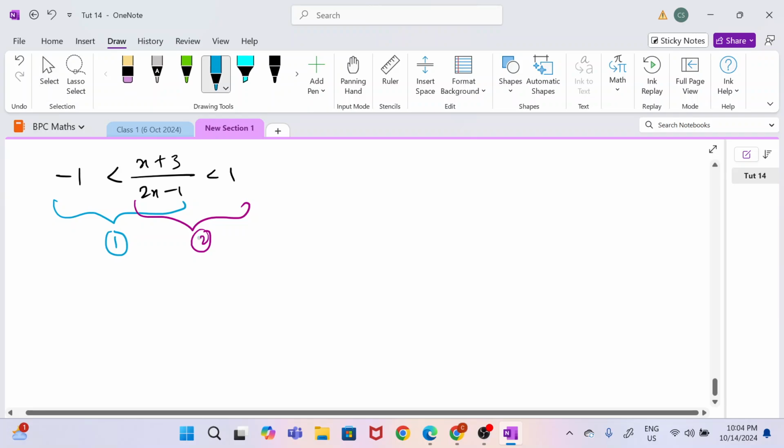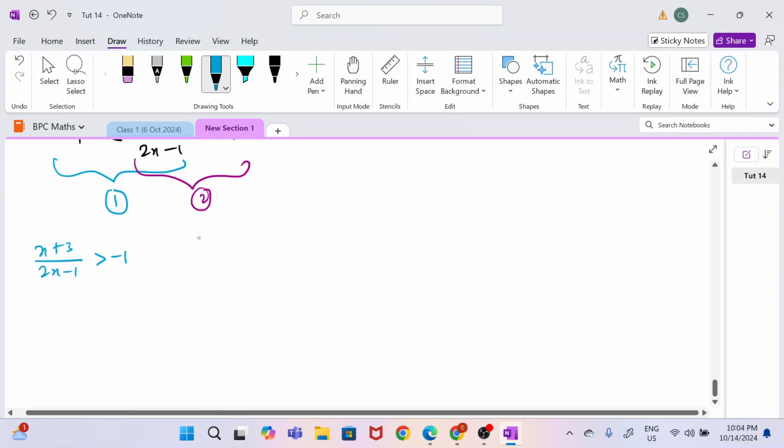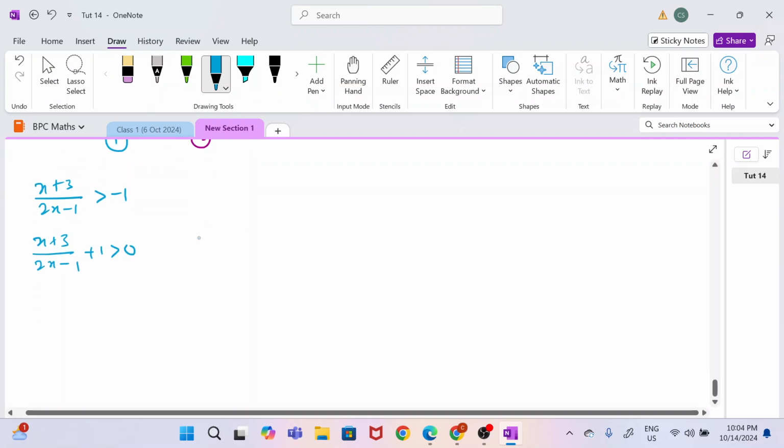The first inequality I'm going to write here, x over 3, x plus 3, 2x minus 1 greater than negative 1. This type of inequality, how to do? Bring everything to the left hand side. Make it one fraction. I suppose now you know how to do one fraction. Make it one fraction.